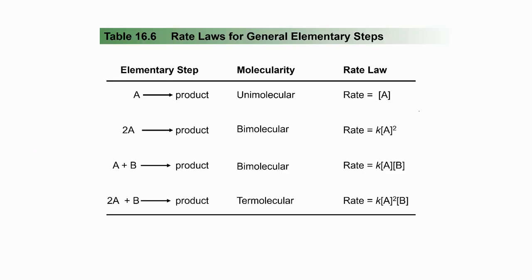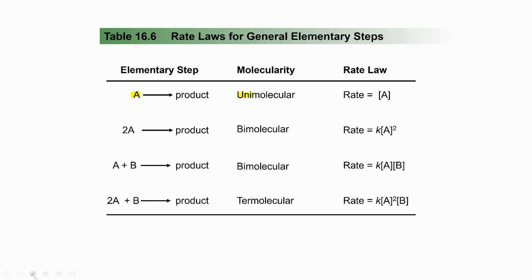If you have an elementary step with just one reactant to product, that's unimolecular. That means if you double A, the rate doubles, because that's exactly showing us the exact process on a molecular level of how they're colliding. So in that case, the reaction rate would be first order.